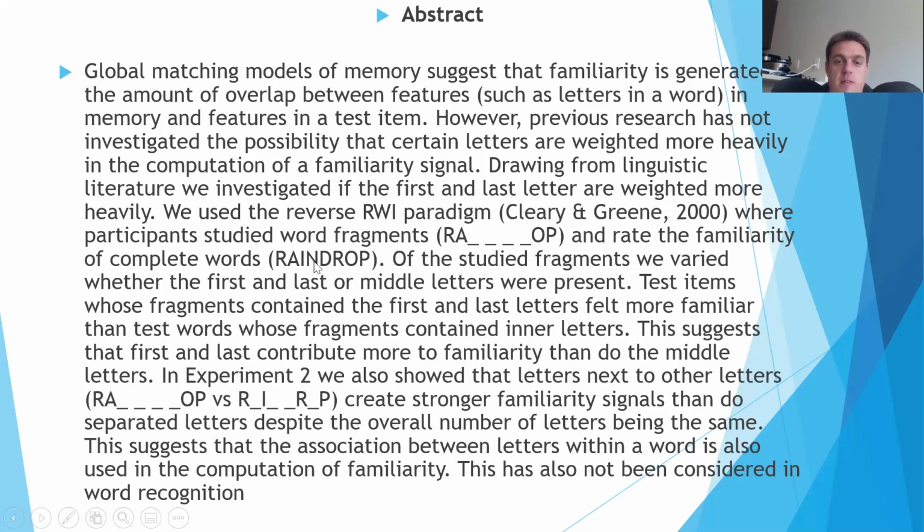So what we're doing is having people study fragments of, say, a word like raindrop, and then you get tested on the full word and you rate how familiar the word feels. We're manipulating what letters are being shown, so whether it's the first and last letters or some other letters. This suggests that the first and last contribute more to familiarity than do middle letters.